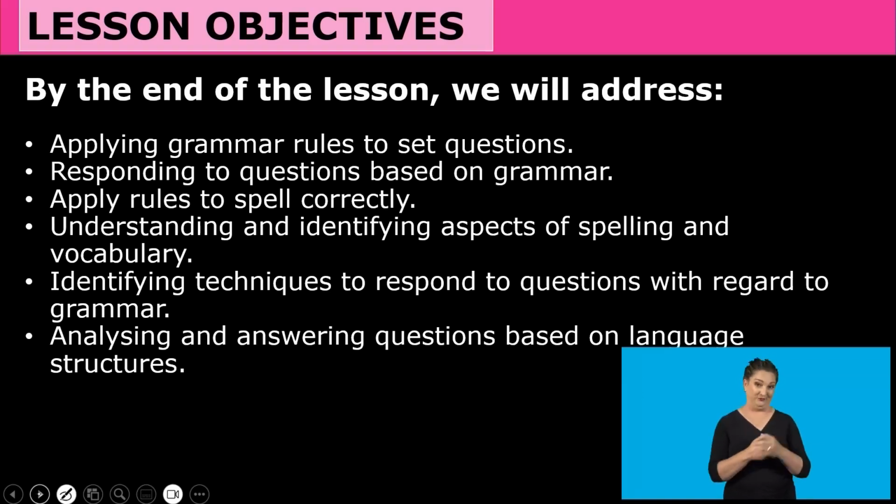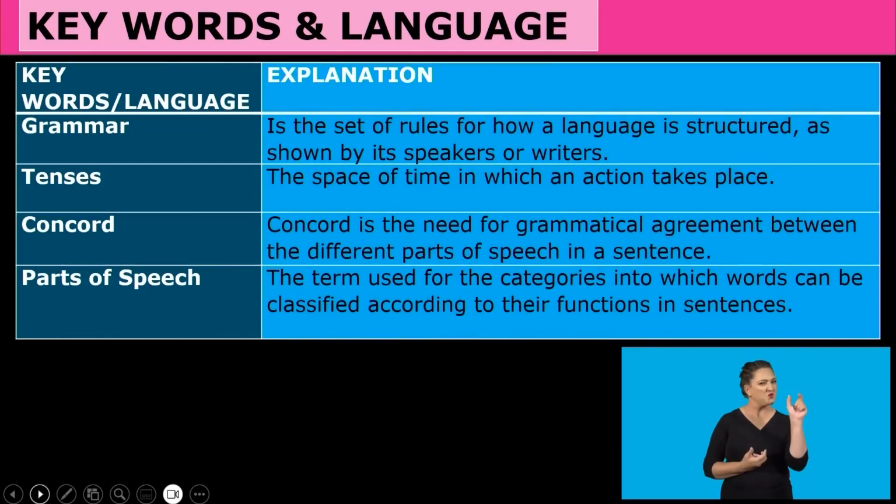Now, some of the keywords that you're going to encounter in the lesson, that you might not be familiar with, are grammar. Grammar is a set of rules for how language is structured by the speakers and by the writers. So how we use it in our writing and in our speaking, those are called our grammar rules. Tenses is the space of time in which an action occurs. Now, this is going to be very paramount in our lesson later.